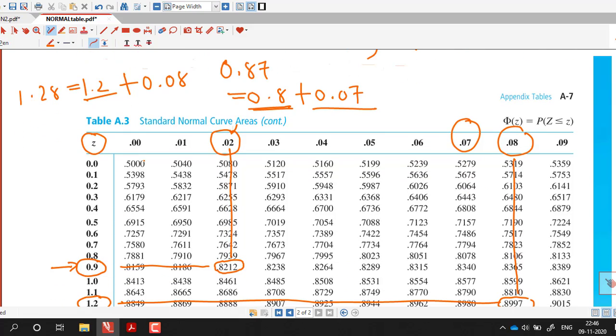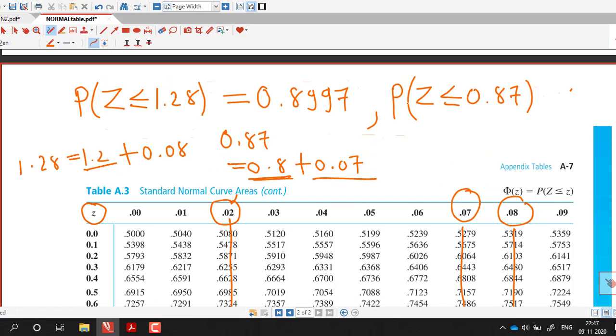Below z we have to go up to 0.8. So from this we go up to 0.07, and here we go up to 0.8. The corresponding area is 0.8078.